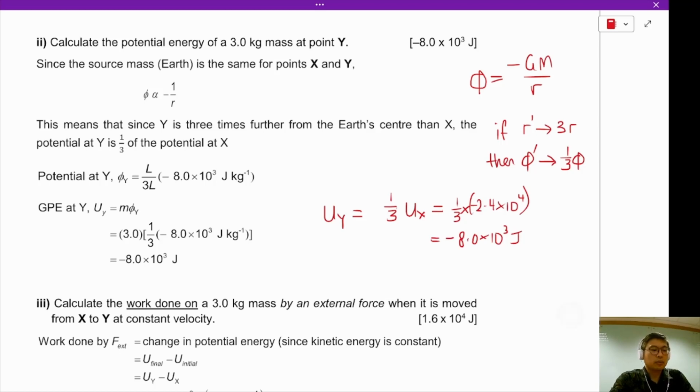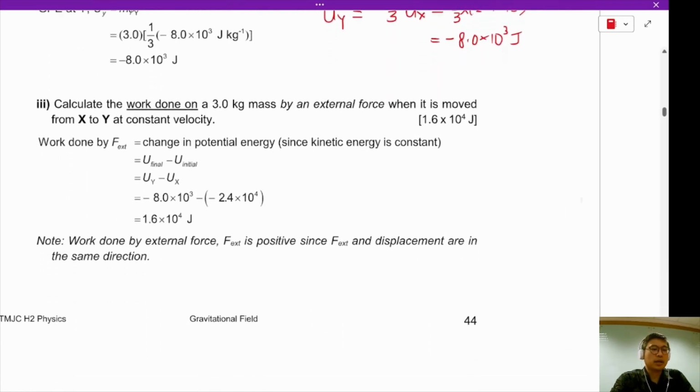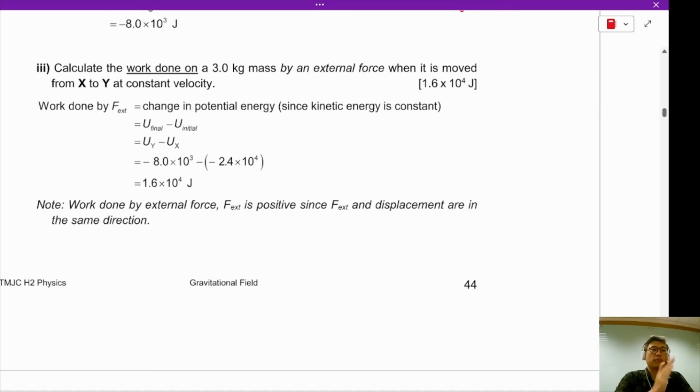Now, calculate the work done on a 3 kg mass by an external force when it is moved from x to y at constant velocity. So basically, what we're going to use is the KE of x plus the GPE of x plus the work done to move the object from x to y will be the KE at y plus the GPE at y. Since the kinetic energy is constant, we'll cancel it out on both sides.